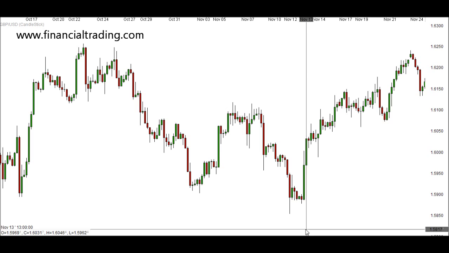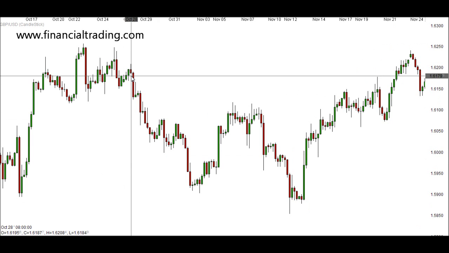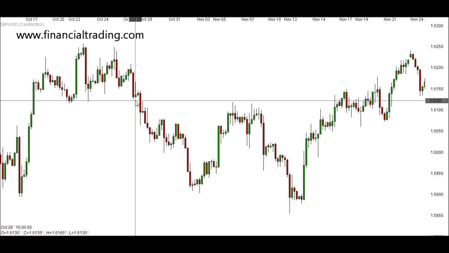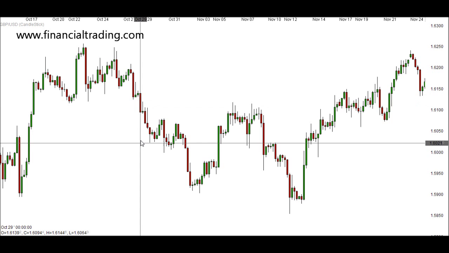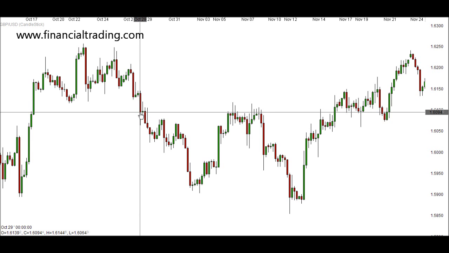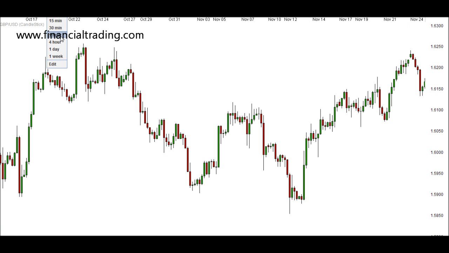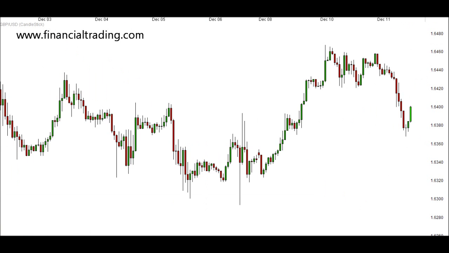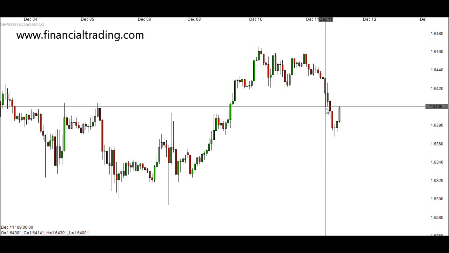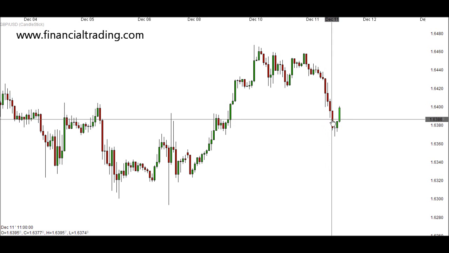First of all, this is a 4-hourly chart, so each candlestick represents 4 hours of time. So every 4 hours, one of these candlesticks would close and another one would open. If we go to an hourly chart, each one of these candlesticks represents an hour of time.